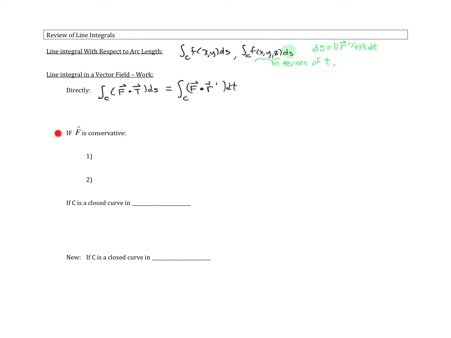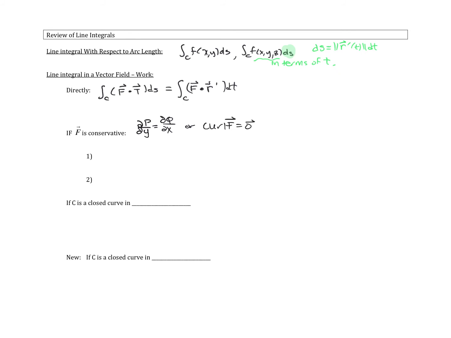We then went on to find in section 16.3 that if f, the vector field, is conservative, we have more options. So if f is conservative, which, by the way, how would we know? We either have the mixed partials equal, where the partials are continuous on some simply connected open region, all that extra part, right? Or if the curl equals 0, if we're in R3.